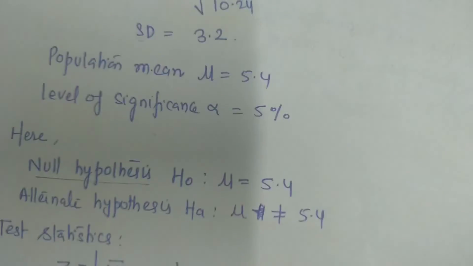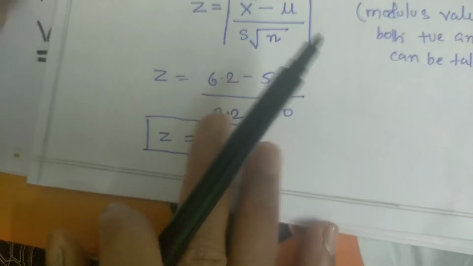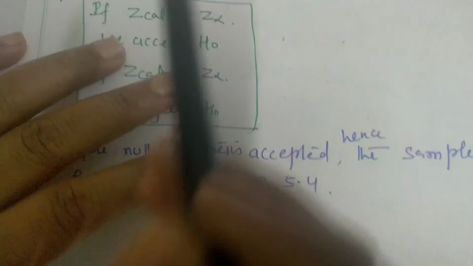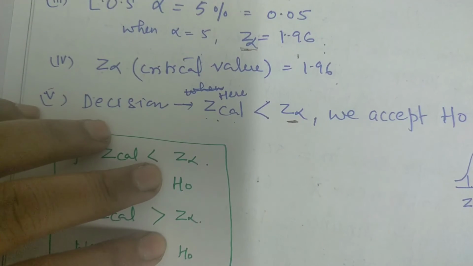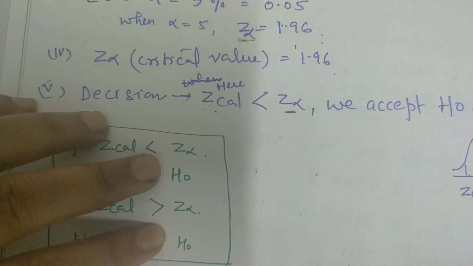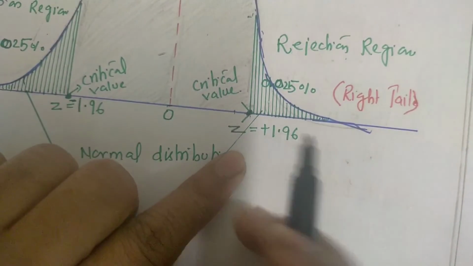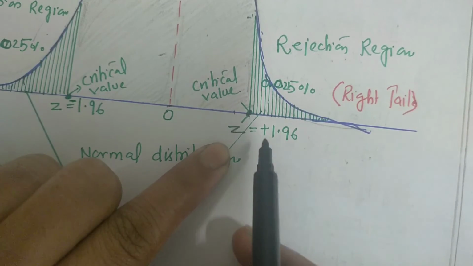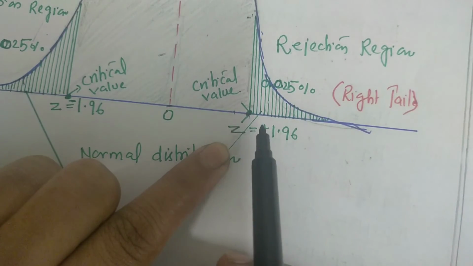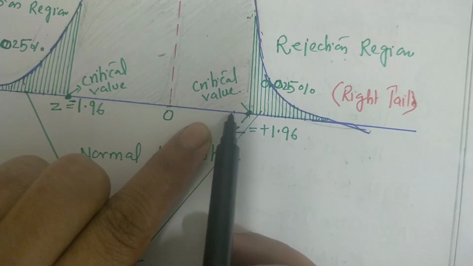So now our calculated value is 1.77 and the Z alpha is 1.96. So 1.77 is less than 1.96. Now if you see in this graph, here is the Z alpha 1.96, and the value we have calculated, 1.77, will come this side.